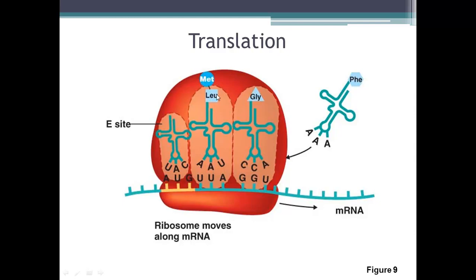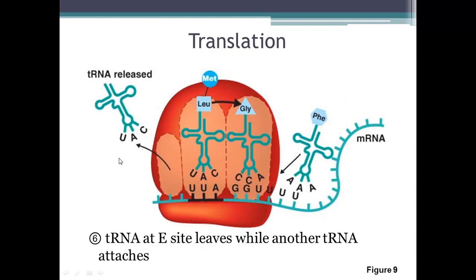A peptide bond is going to now form between leucine and glycine, and they're going to hold hands. Now, this tRNA at the E site has to leave because now this tRNA has to move into that site, this one has to move into the P site, and this next tRNA is going to come along and code UUU. So tRNA at the E site is going to leave while another tRNA attaches.